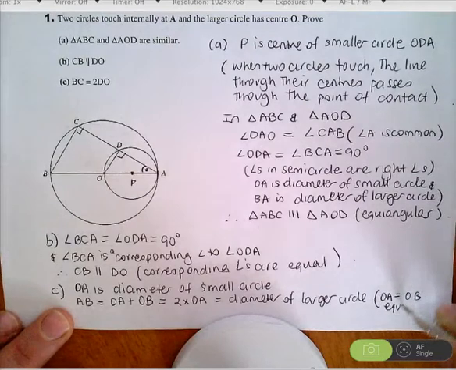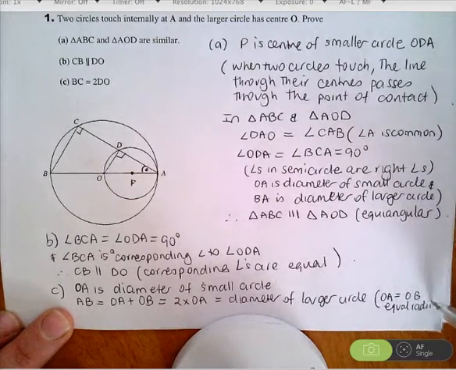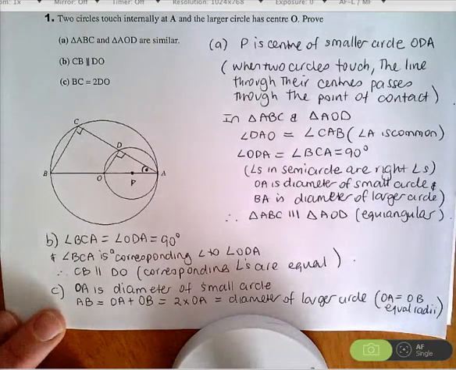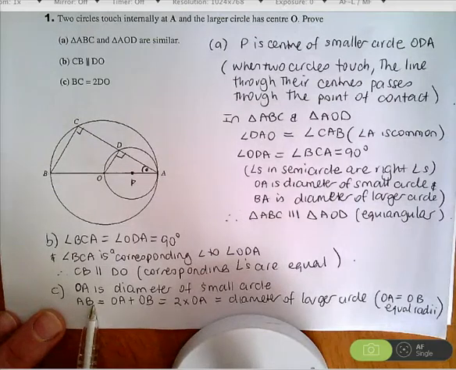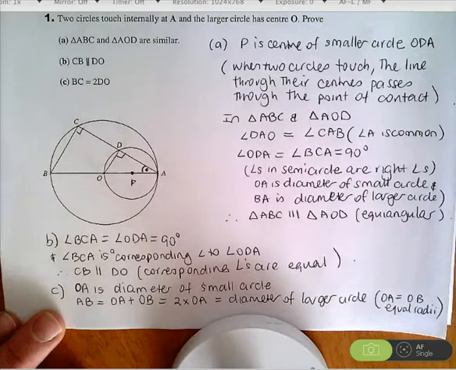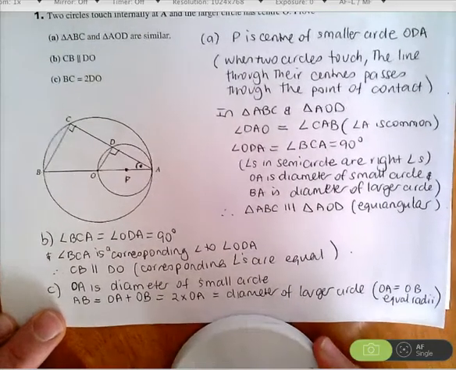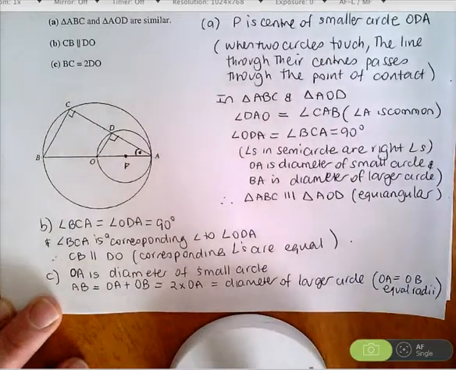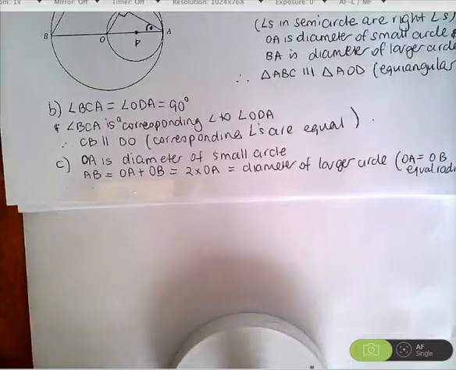Remember, we've got equal radii there, that OA and OB are both radii. So therefore we can say that AB, the diameter of the large circle, is 2 times OA, the diameter of the small circle.